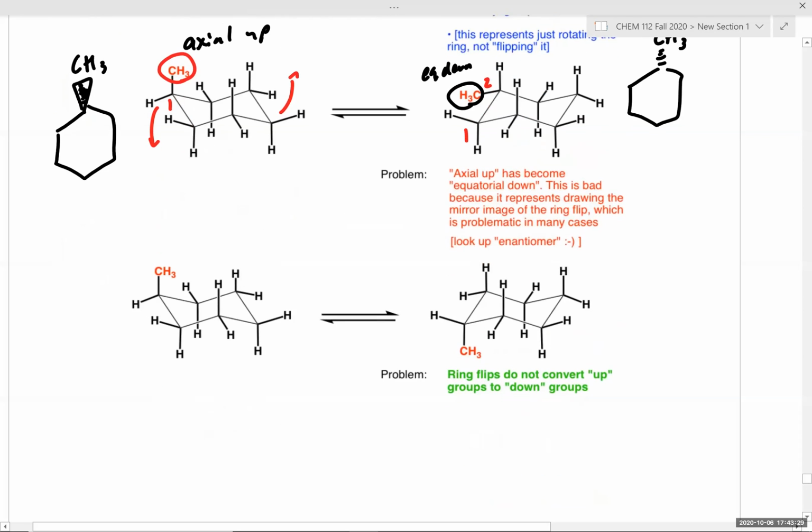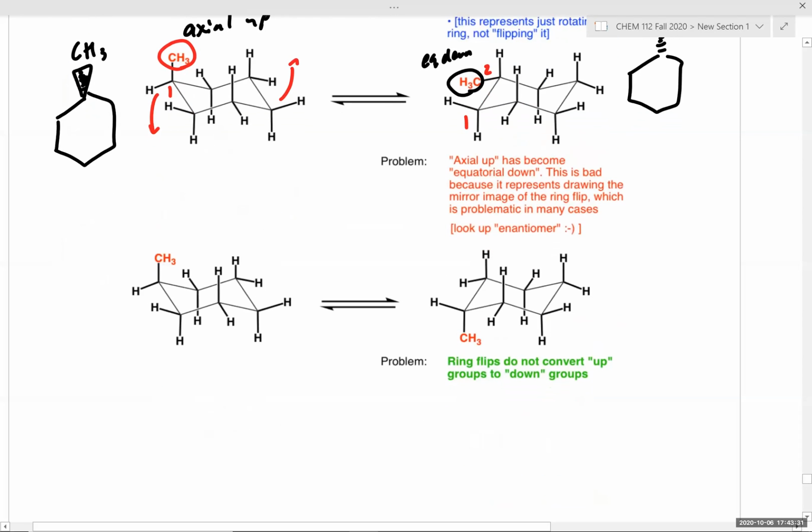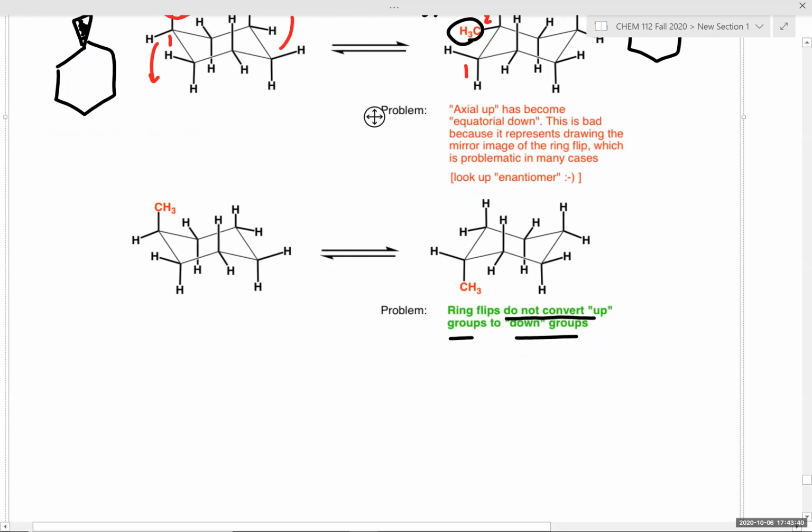In general, and this is always true, ring flips do not convert up groups to down groups. You do not invert your stereochemistry during a ring flip. So for example, in this case, we have an axial up substituent, and it would not be correct to draw this methyl group as axial down after a ring flip.